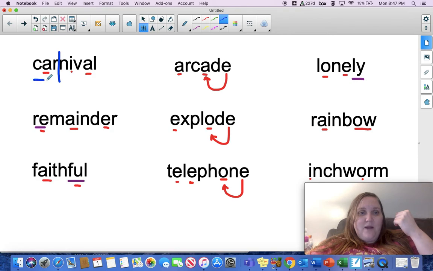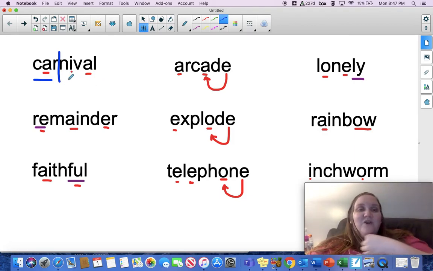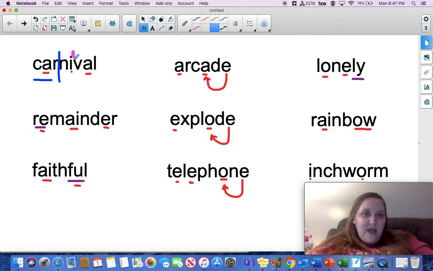So now I've got one syllable, and then I've got two more that I have to break here. So I just kind of have to use my best judgment to figure out where this breaks. My first syllable here says car. My next syllable, I can break it. Let's see if this works. I can break it like this, and then it says nigh, or I can break it right here, and it says niv.